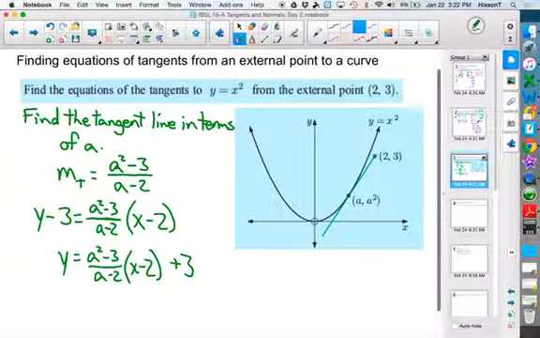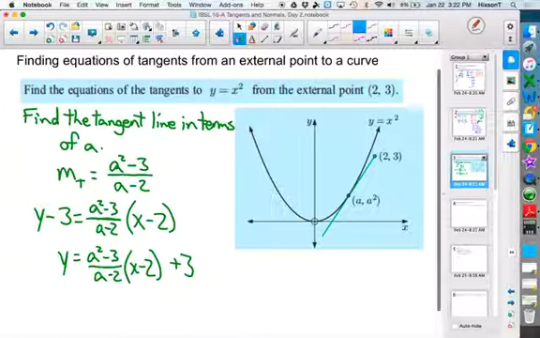And I know its slope has to equal... Do you set x and y equal to the A and the A squared? Well, there's a couple routes we could go, but now let's start thinking in terms of our derivative.